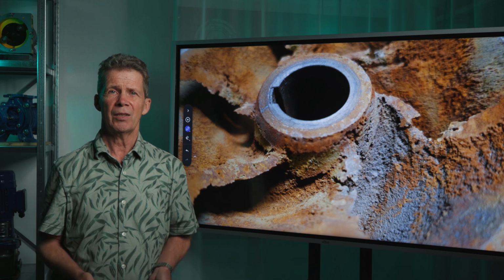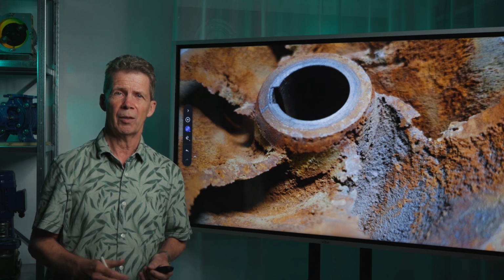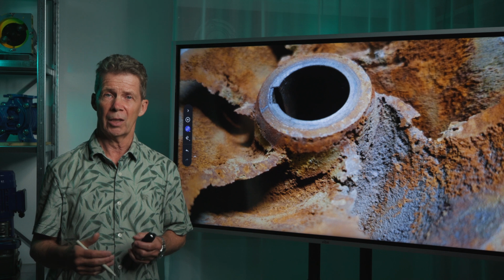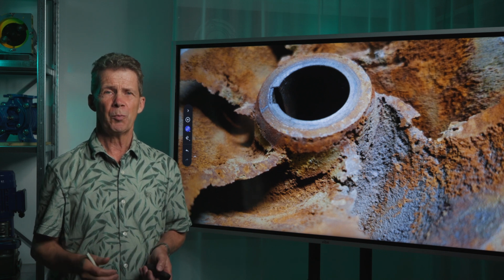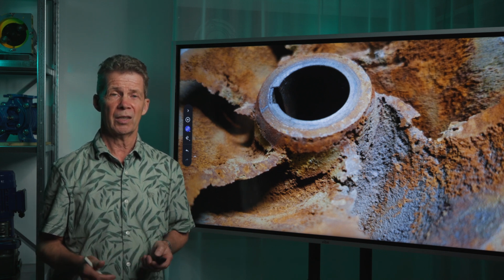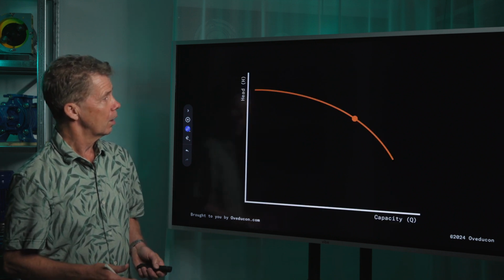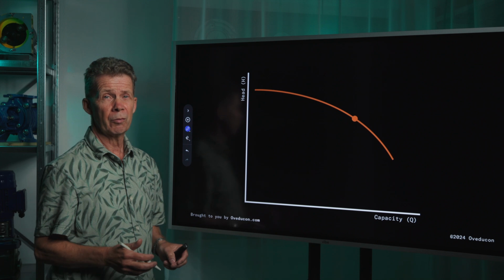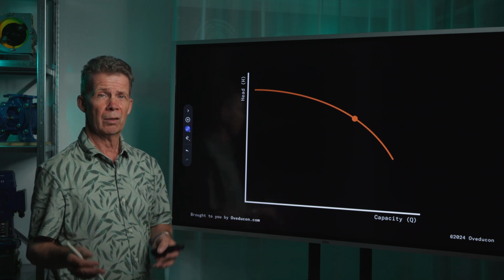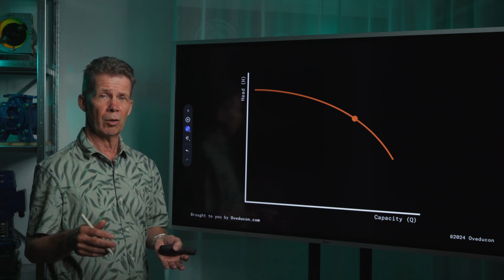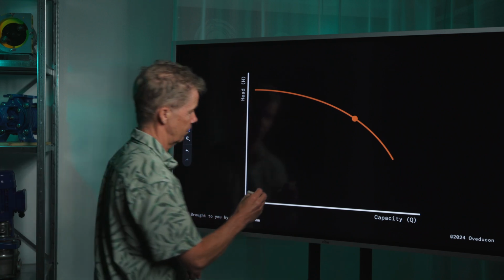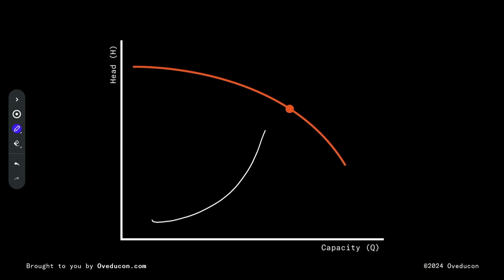Pump reliability is related to where the pump is operating on its pump curve. This behavior is visualized in the Barringer-Nelson curve. Here we have the pump curve again, and I will draw in the reliability curve according to Barringer-Nelson. That curve looks like this.